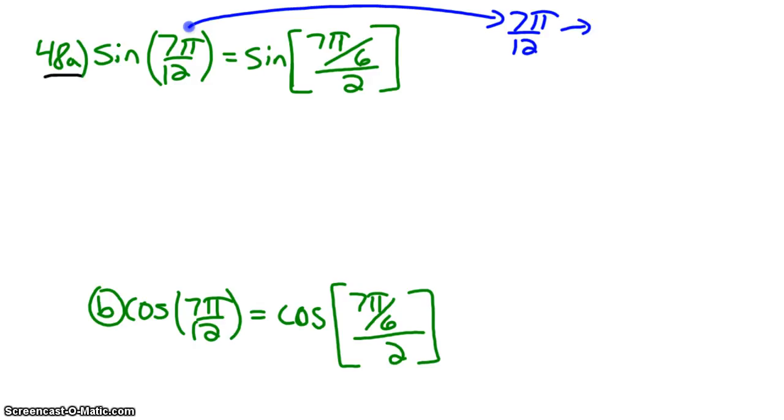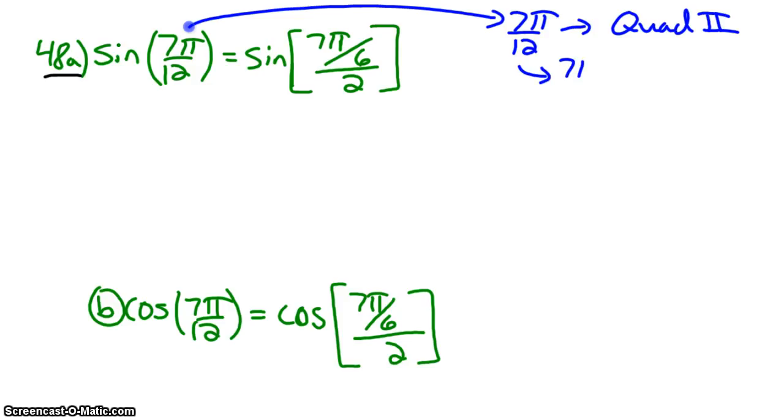Now, we should also be aware of what quadrant that is in, and that is in quadrant 2, which means when I'm working with sine, it will be positive, and cosine, it will be negative, and I'll explain that further. But to use these half-angle identities, I first need to double the angle I've been given.